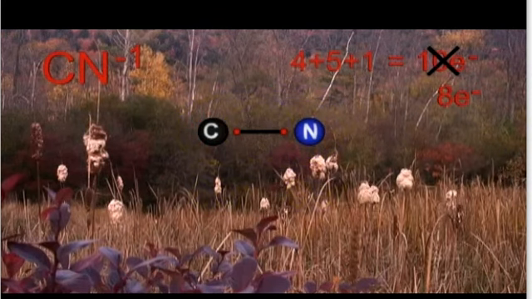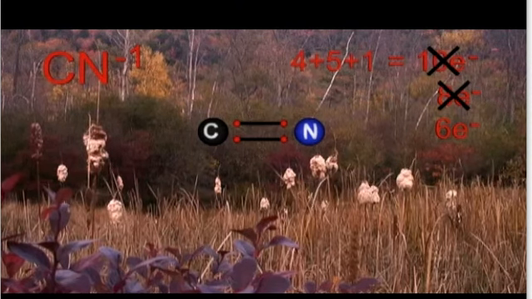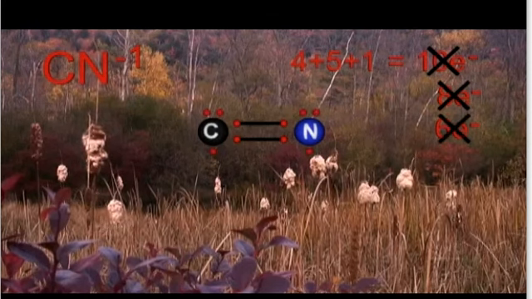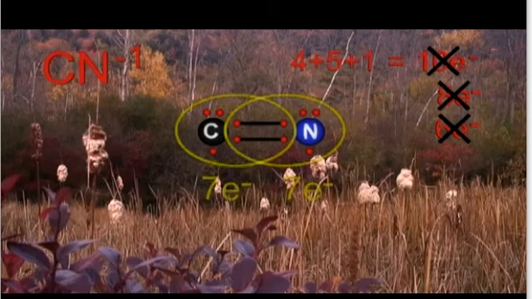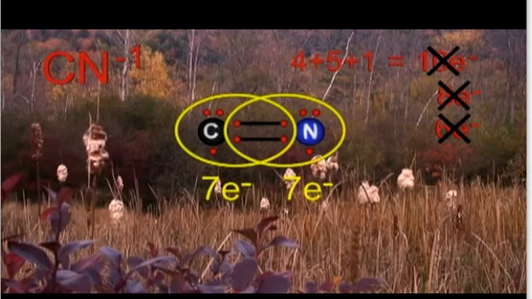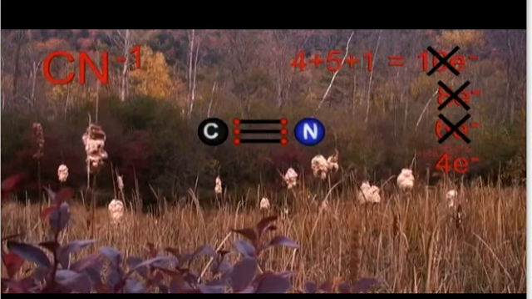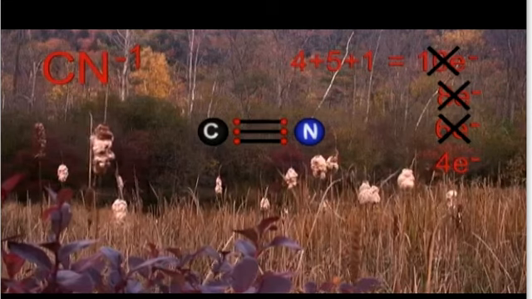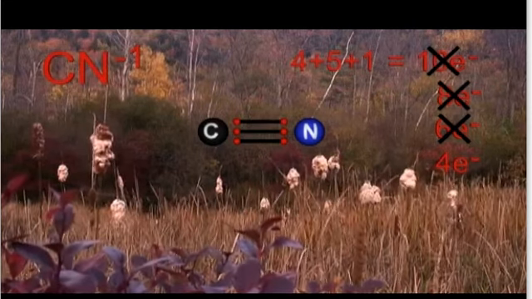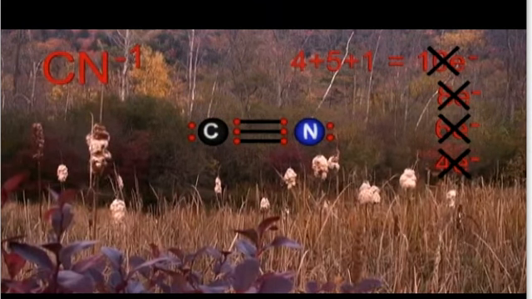But if we take the 3 bond pairs between the carbon and nitrogen, if you take 2, then what will happen? You know very well, nitrogen has 5 valence electrons, carbon has 4 valence electrons. So what will be the formula? 7 electrons. Now take the triple bond between the nitrogen and carbon atom. So you will get the final answer that now the carbon and nitrogen both are getting 8 valence electrons in their outermost orbit, and both the elements complete their octet. So this is the Lewis dot structure.